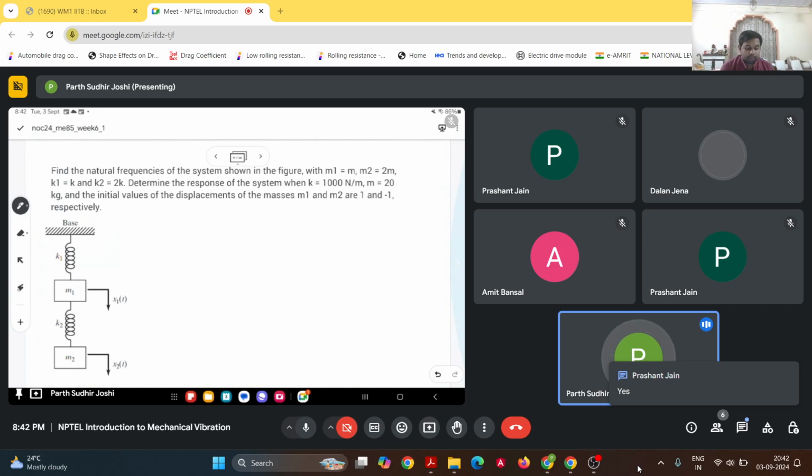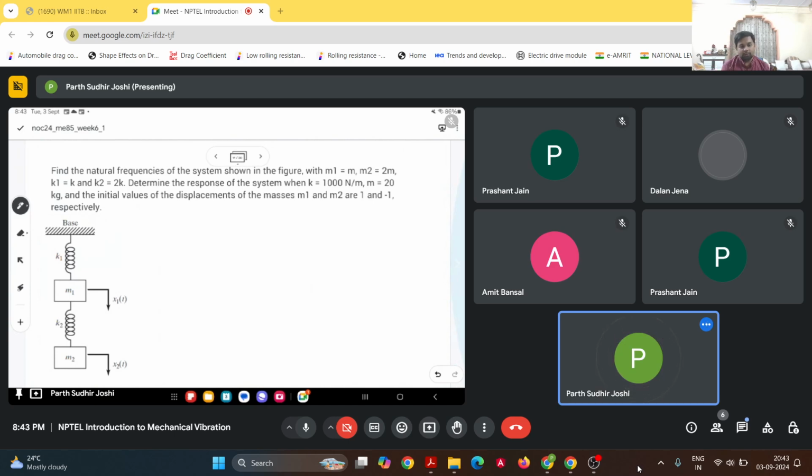So here we have a particular example, a problem where the values of the stiffness and masses are known. I think we may not have enough time to completely solve this problem, but we will try to do as much as we can.